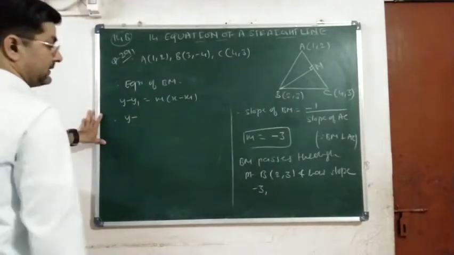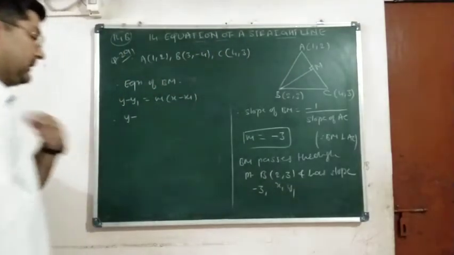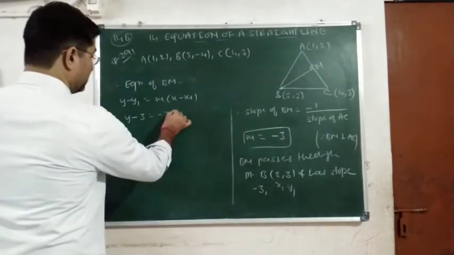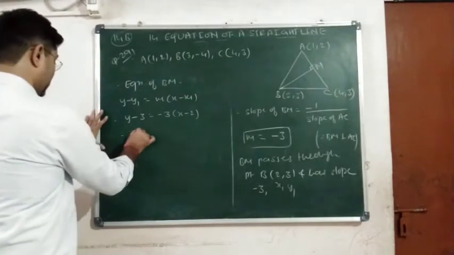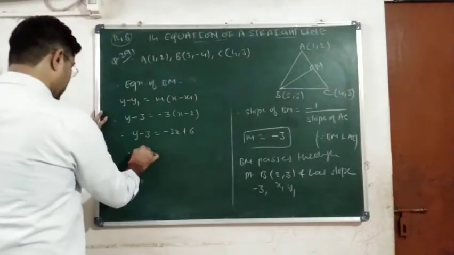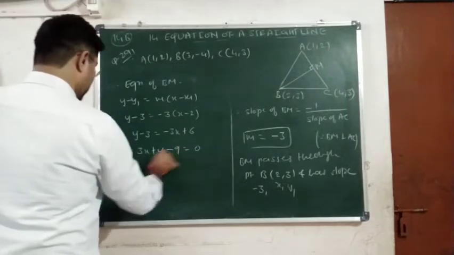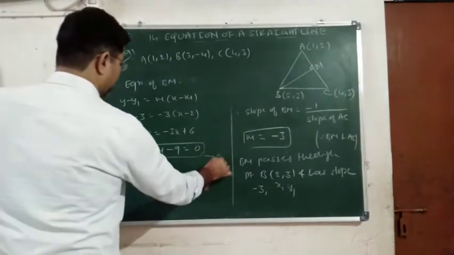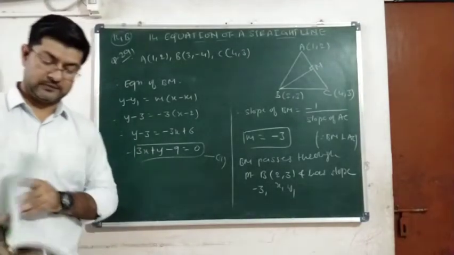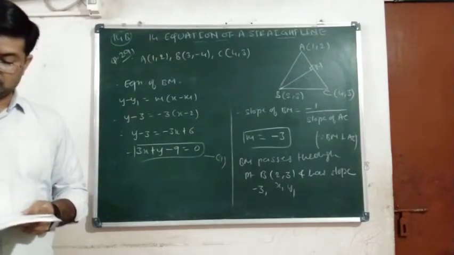Here x1, y1 are the coordinates of point B. So y minus 3 is equal to minus 3 into x minus 2, and therefore y minus 3 is equal to minus 3x plus 6. Therefore 3x plus y minus 9 equals 0. This is answer number 1. This is the equation of altitude BM. Clear? So we got the solution to the first question, equation of altitude through B.